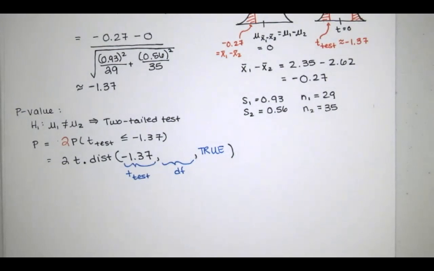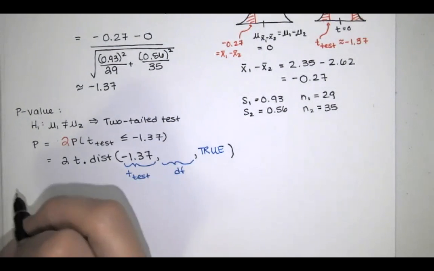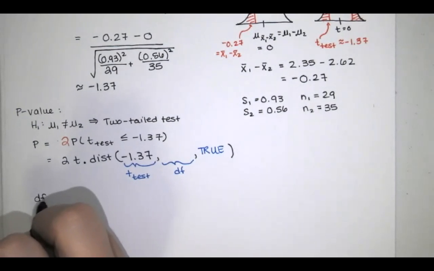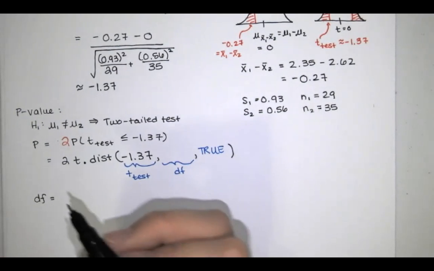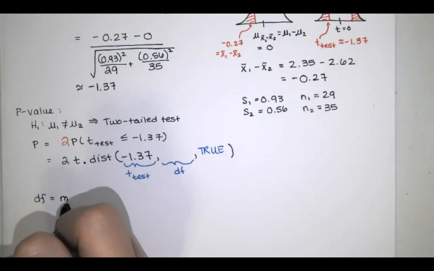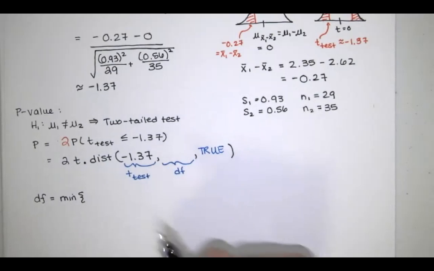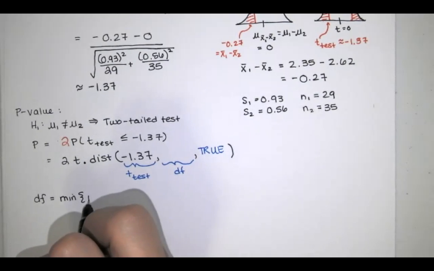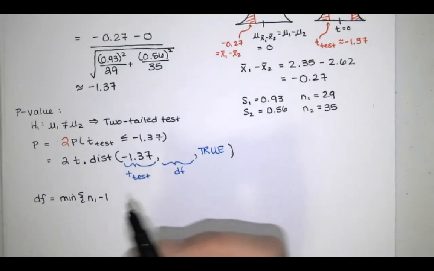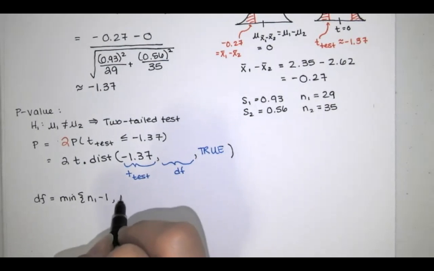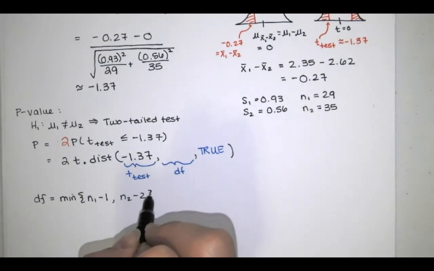Now, one way that you can get an estimate of the degrees of freedom is to use this rule. The degrees of freedom will be the minimum of this set. You've got two numbers, n sub 1 minus 1 and n sub 2 minus 1.